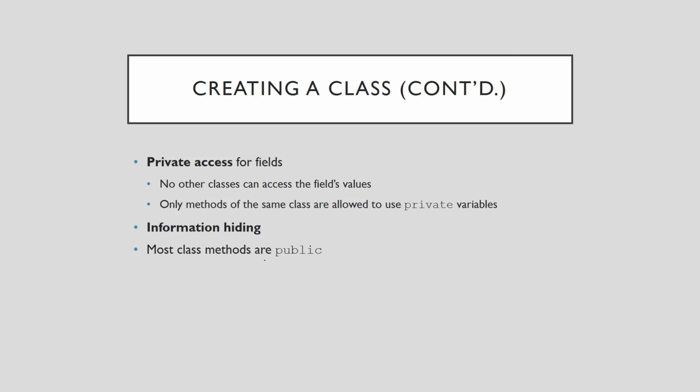Most class methods are public since methods will be used outside the class, so the access modifier public will be used. And we can apply the private access specifier for the fields, for the data members.